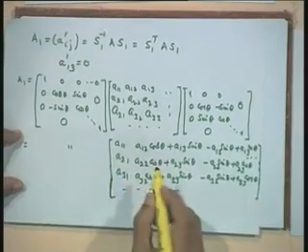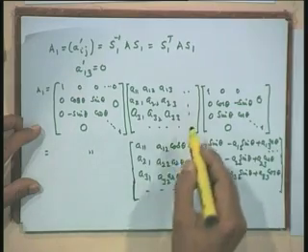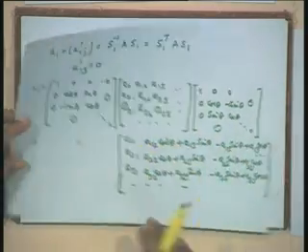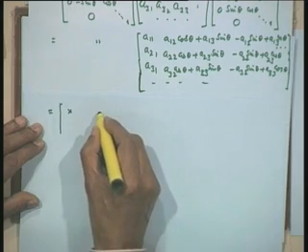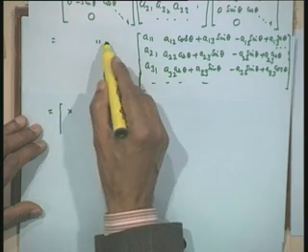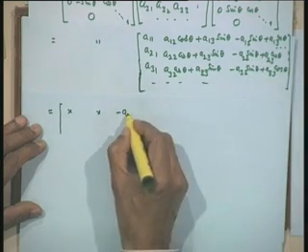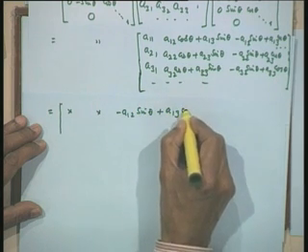Now, in this product I want to set the 1 3 location as 0. So, I will now write down in this product only the A 1 3 location and the corresponding symmetric one, therefore, both the locations are the same. So, let us write down the third location from here. This will give me some element here, some element here. Now, 1 is multiplying this. So, it will simply give me minus A 1 2 sin theta plus A 1 3 cos theta.